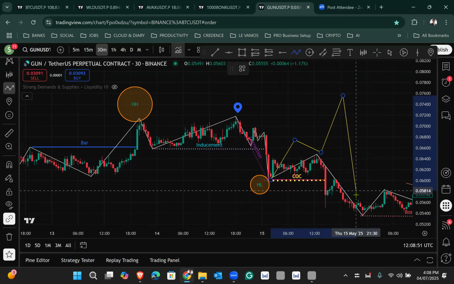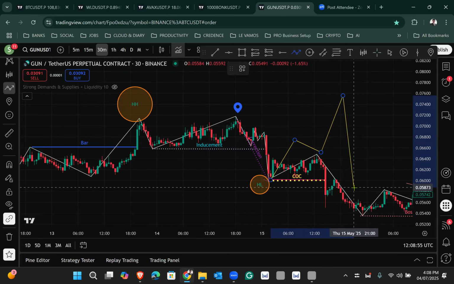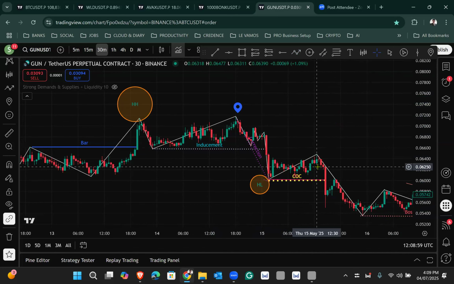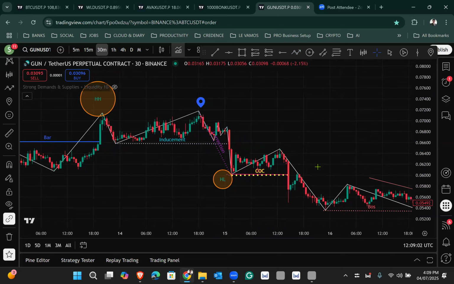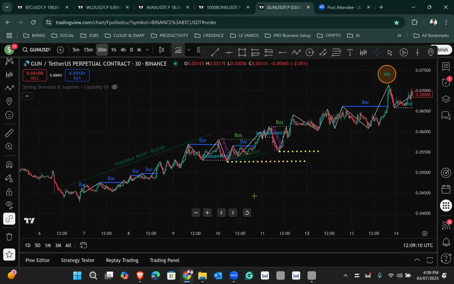This is what I thought, but straight away it's coming down. The higher high and the higher low, the position, it's not accurate. I see.